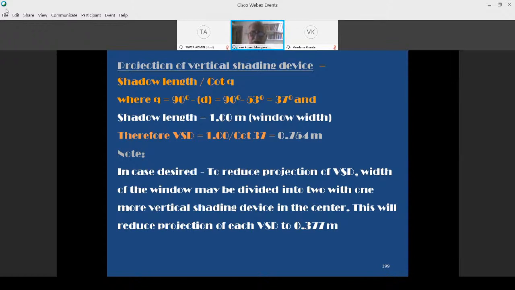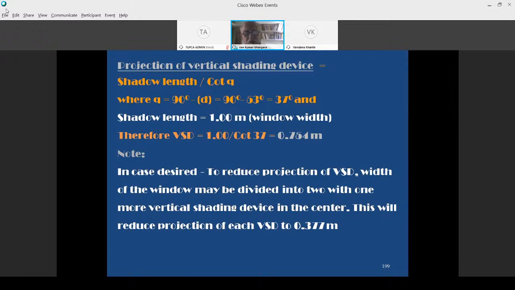So, friend, at 9 o'clock, that is 3 hours before noon, and at 3 o'clock, that is 3 hours after 12 o'clock, the altitude angle will be the same, only the direction will be different. Similarly, 8 o'clock in the morning and 4 p.m. will be the same. The projection will be the same, and this projection will save your window from 8 o'clock to 4 o'clock.